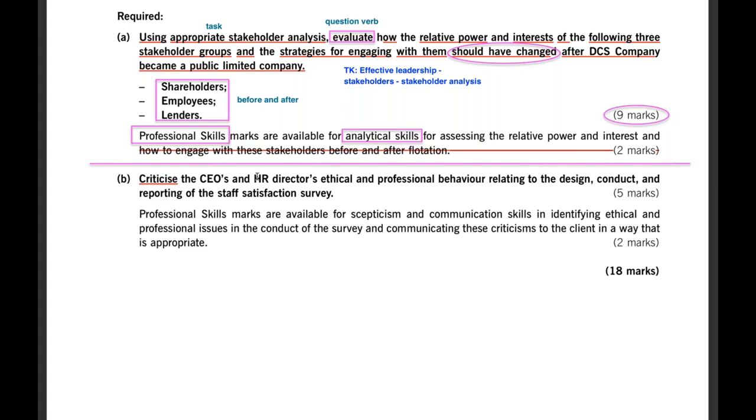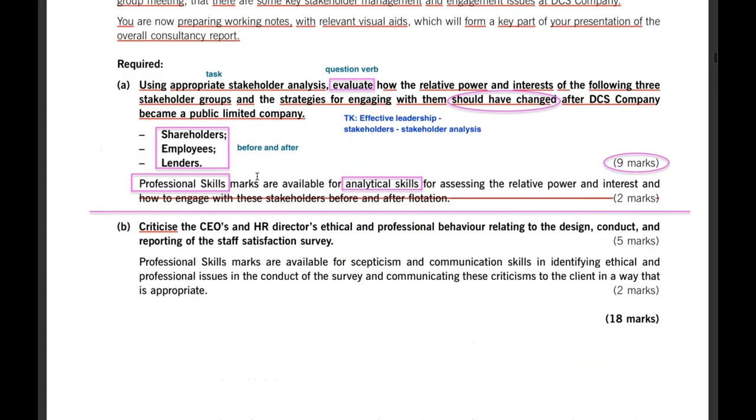This is actually question 3. So you are supposed to be criticizing CEOs and HR directors' ethical and professional behavior.